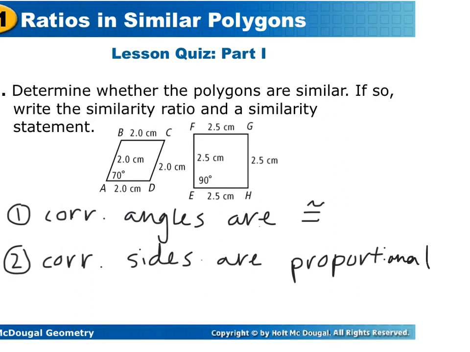So here we need, first step, corresponding angles to be congruent. Do we have two shapes that have congruent angles? What do you say?